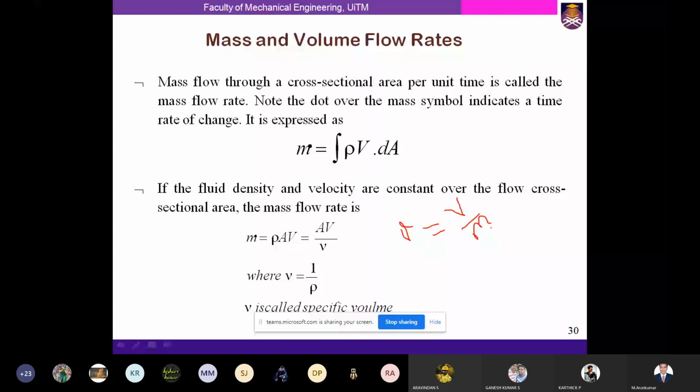Clear? Then we know density is equal to mass by volume. The density value, that is mass by volume.